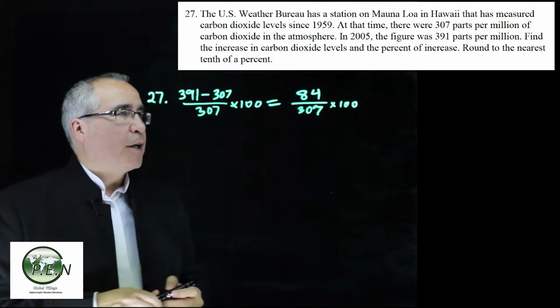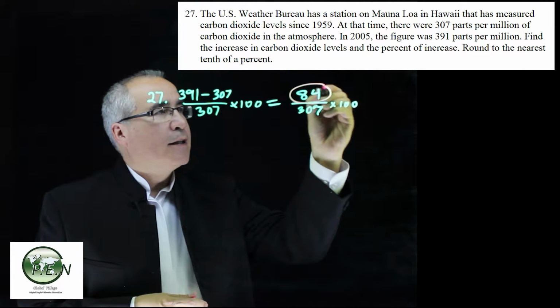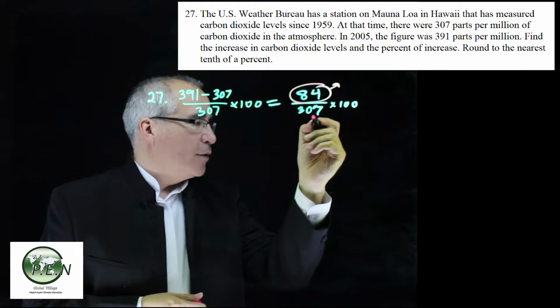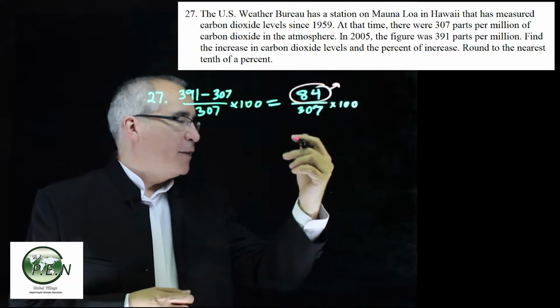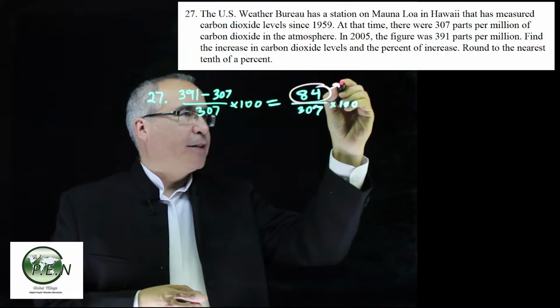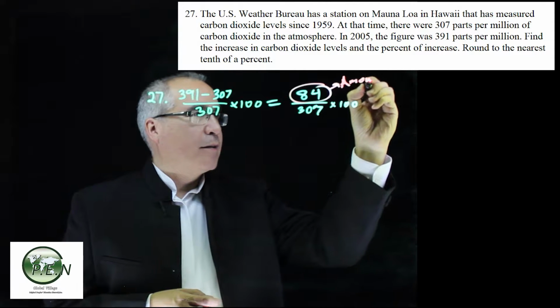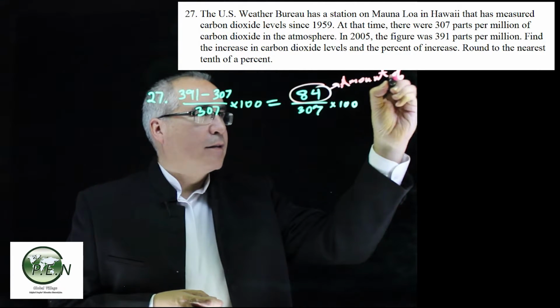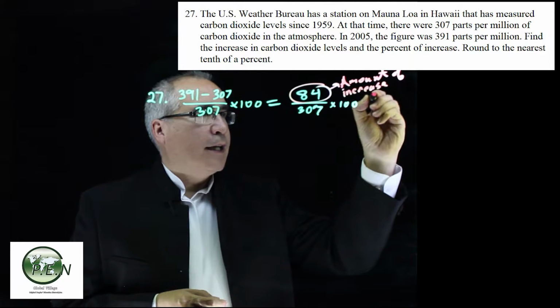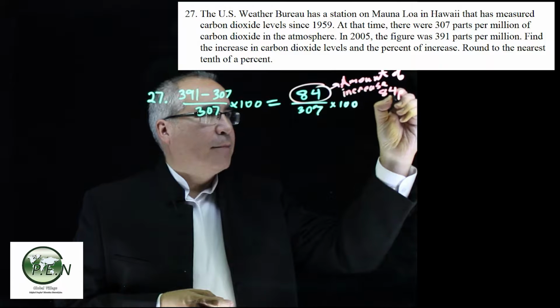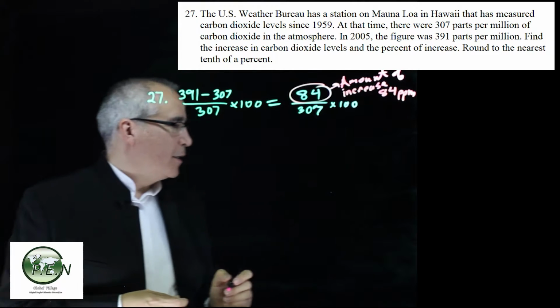Okay, so this part that's 84, that is our absolute change, or the amount of increase, right? And that's 84 parts per million.